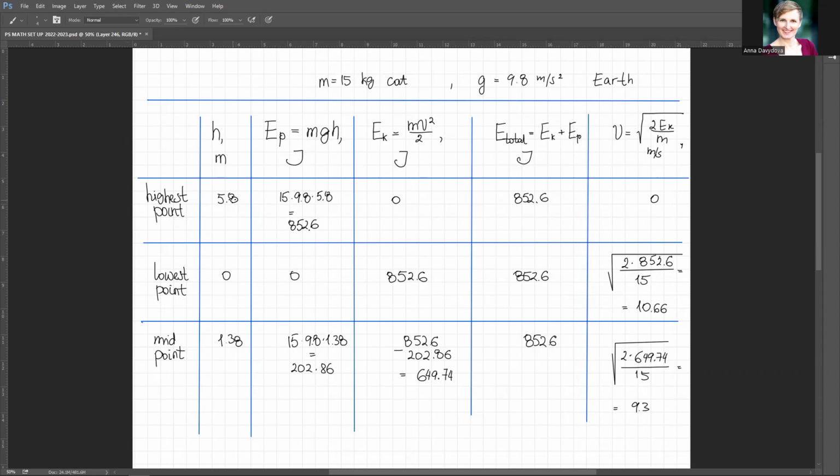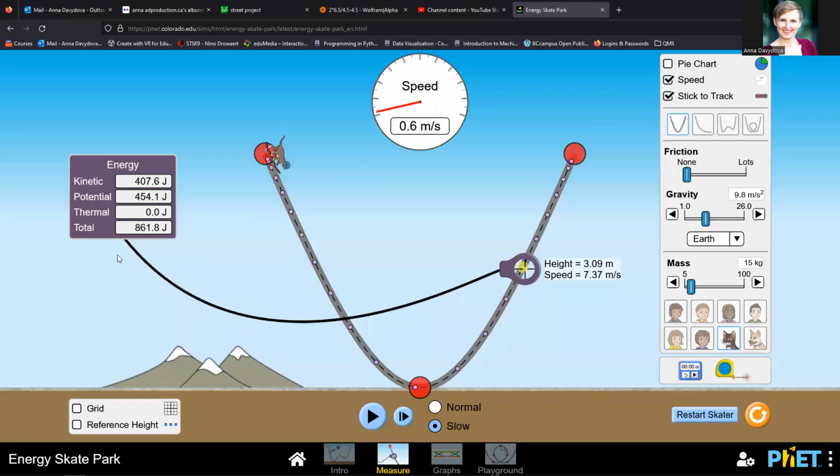At the highest point, where we measured 5.8 meters, the potential energy is equal to, using the formula, mass times gravity times height: 15 kilograms cat times 9.8, the Earth's gravity, times the height 5.8, is equal to 852.6 joules, which is very similar to the total energy I have.